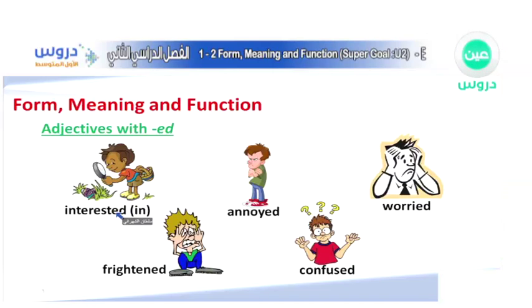Annoyed. This boy is annoyed. He feels annoyed. Worried. He feels worried. Can you see him? He's worried. Frightened. He's frightened. Confused. Okay, this boy is confused. He feels confused.